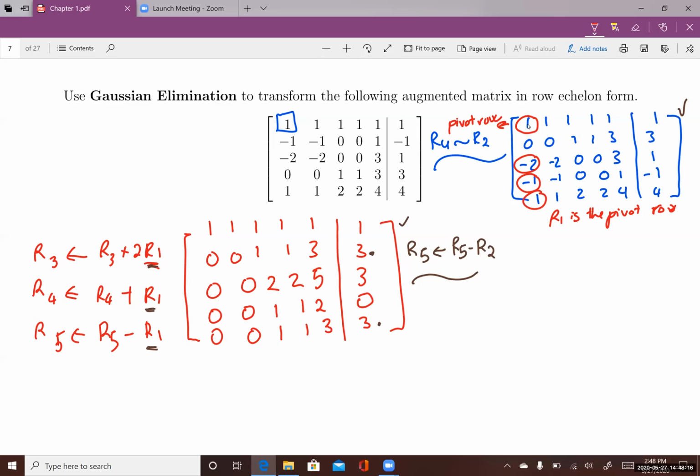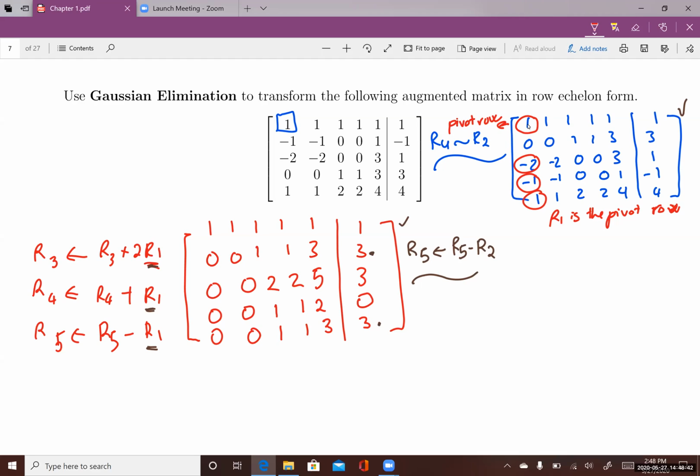And you know that it is a pivot row because it's the row that is in good shape, that satisfies all the conditions so far to be in row echelon form. I use the first row, row 1, to transform all the rows, so that I can achieve my goal, which is transforming this augmented matrix into a row echelon form. So row 1 was a pivot row in this step.